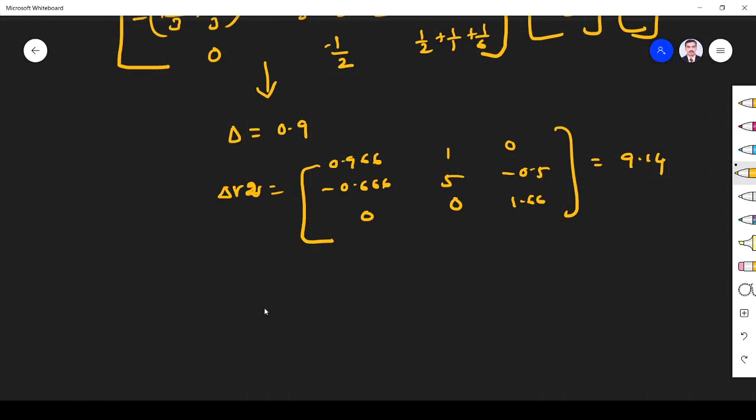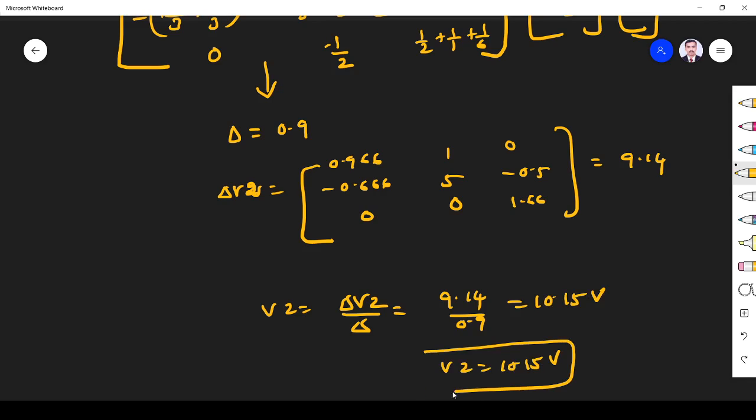V2. V2 is given by del V2 divided by del, 9.14 divided by 0.9. So 10.15 volts. So V2 is equal to 10.15 volt. Right?